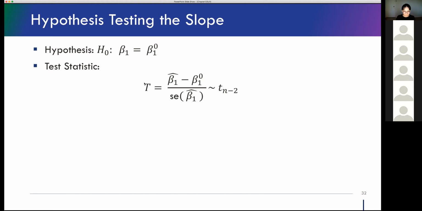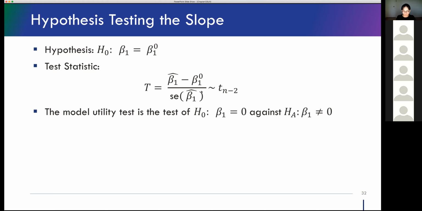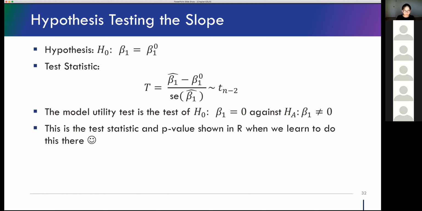This is how you get your test statistic, just repeating what I said. And this is the test statistic, and the p-value we will calculate in R.